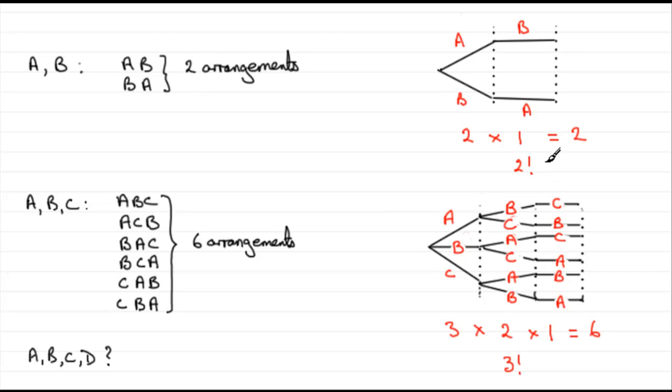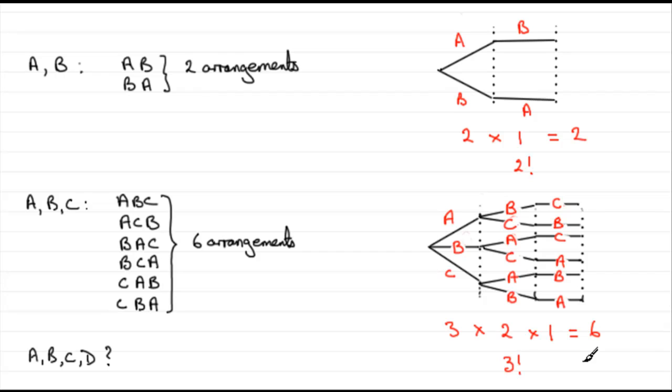If I had 5 factorial, that would be 5 times 4 times 3 times 2 times 1, whatever that works out to be. And you can often find these factorials on any scientific calculator. Search for one on yours and see if you can check that 3 factorial gives you 6.